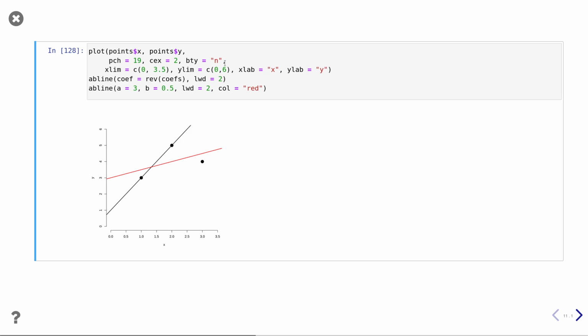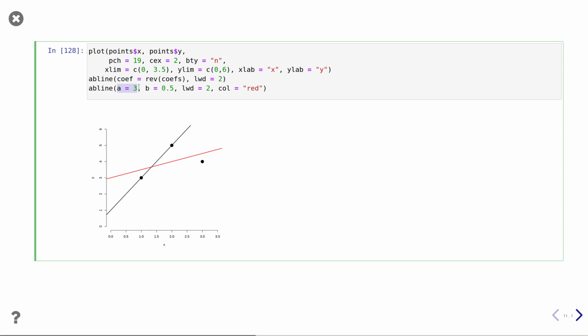So I looked at these 3 points and I decided that, using my nose, so guessing my way, it looked like a line with a slope of a half would be roughly good. And then I thought, okay, what's the intercept that would look quite well? Well, the intercept 3.